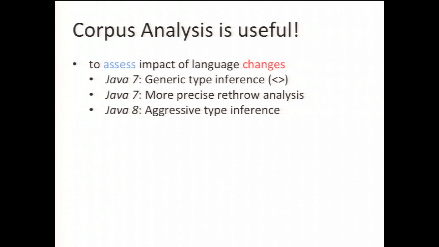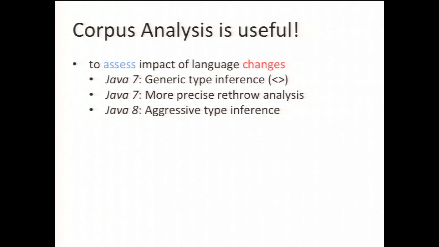It has been used, for example, in JDK 7. When Joe Darcy did Project Coin, we started using type inference in the diamond operator. And that had a couple of corner cases, and we modified, or they modified, javac in order to try this out on a number of programs and see how often you would hit the corner cases.